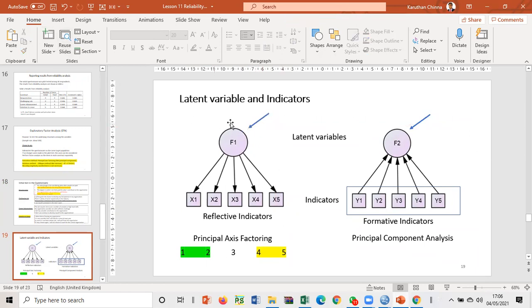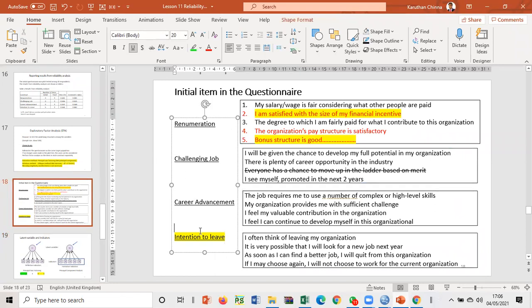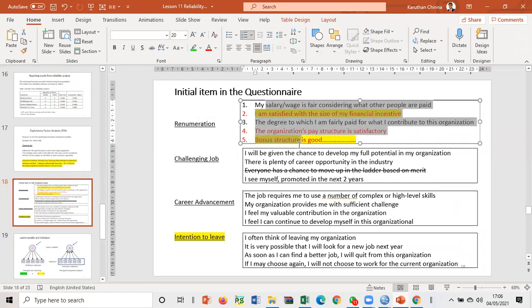So in this class, we're going to talk about only this, reflective indicators. All these remuneration items, which are called indicators, are reflective indicators.